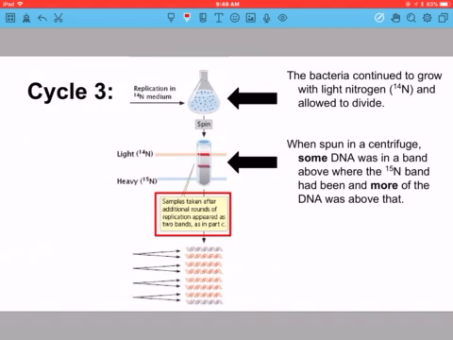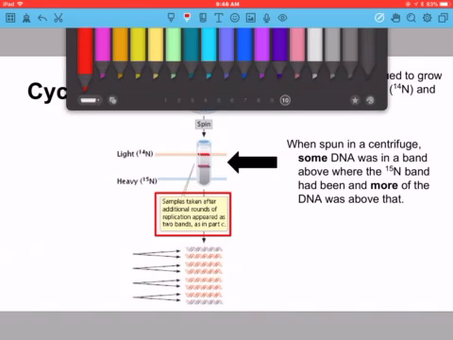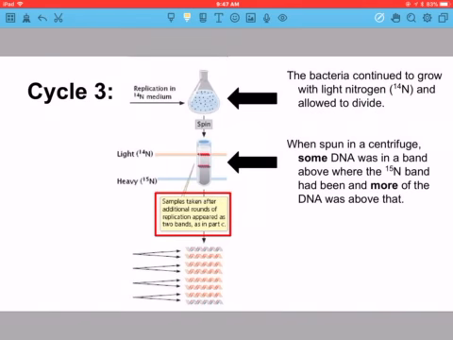So there was a consistently increasing amount of DNA at the N14 density level, and just the same amount at the level between N14 and N15. And so that would reflect something like what's shown here.